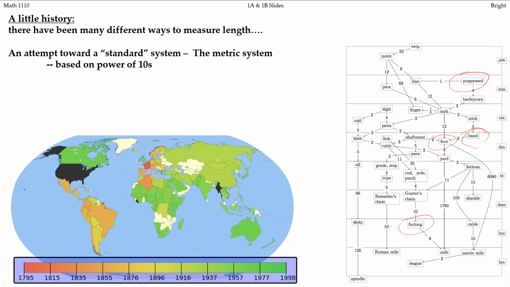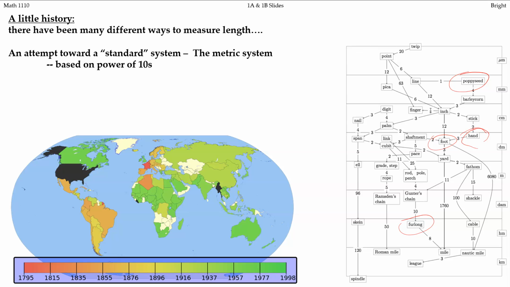And so this image shows when each country kind of adopted the metric system as their unit of measurement for different quantities. And the nice thing about the metric system, it's all based on powers of 10. So our number system is base 10. This metric system is base 10, so it's kind of nice.